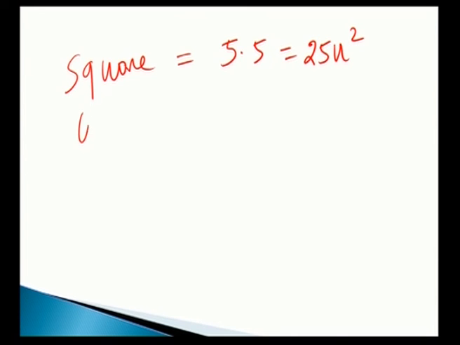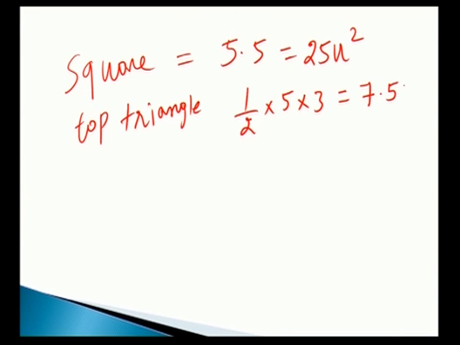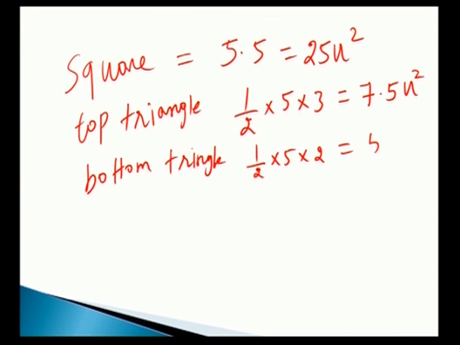Then top triangle area is half into base into height, which is equal to 7.5 units square. Then bottom triangle formula, half into base into height is equal to 5 units square.